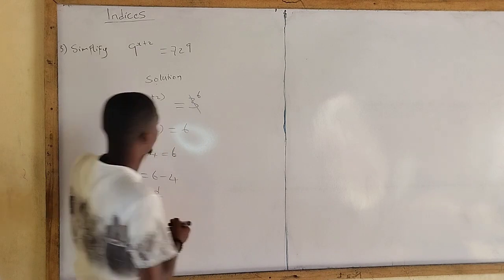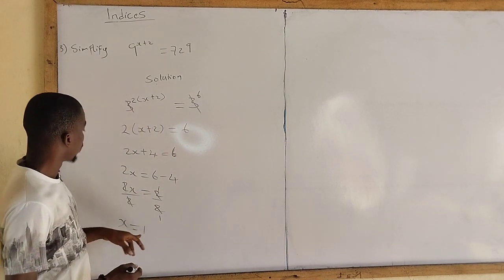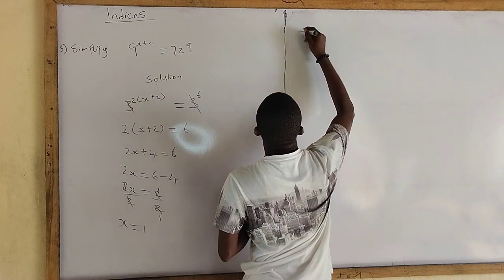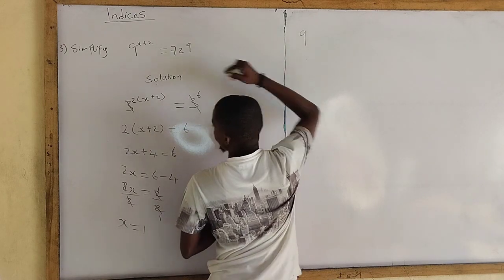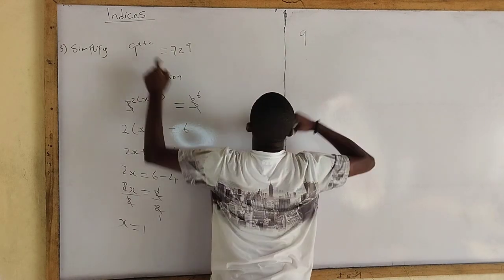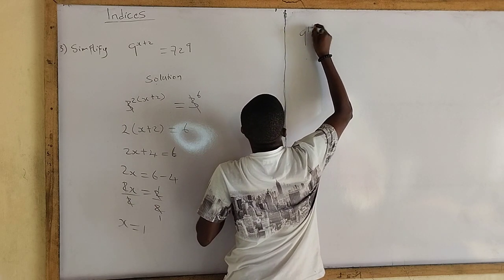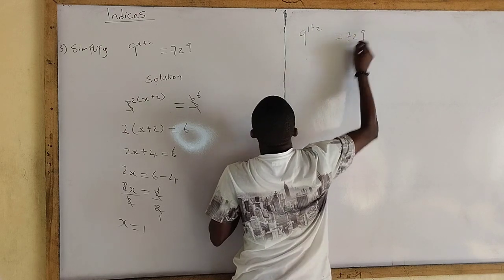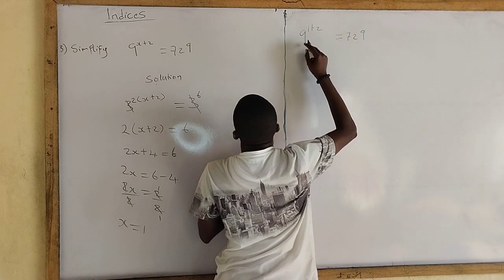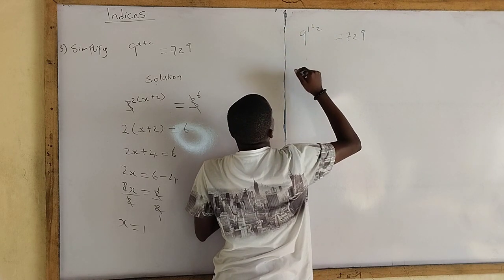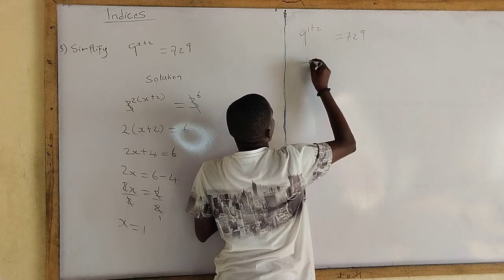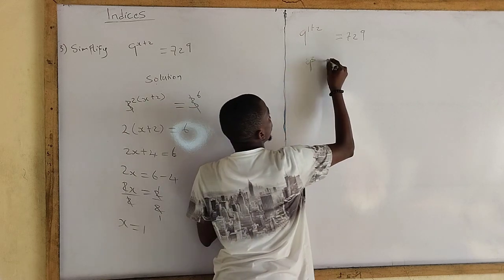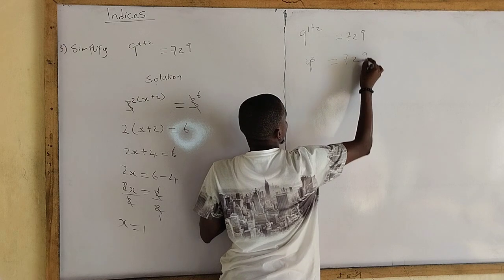Taking 9, we put x equal to 1 here. 1 plus 2, which is 3, so we have 9 raised to the power of 3 equal to 729.